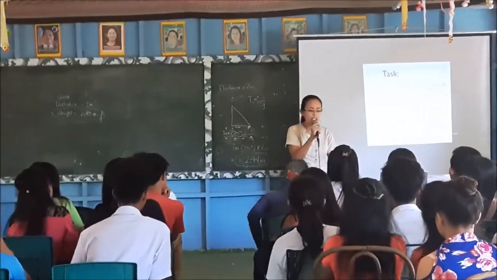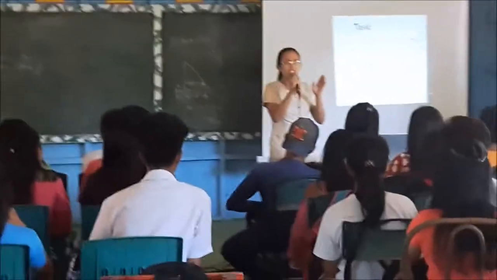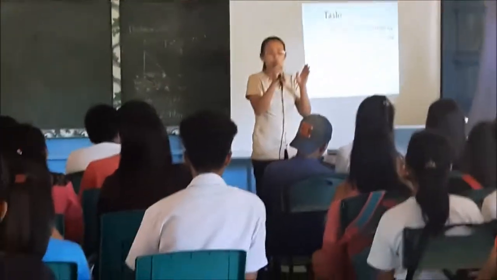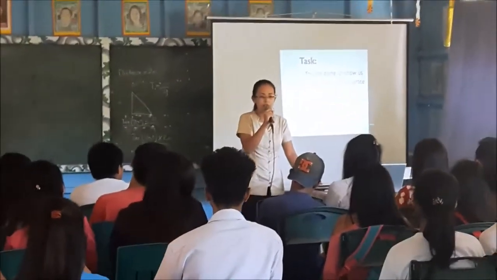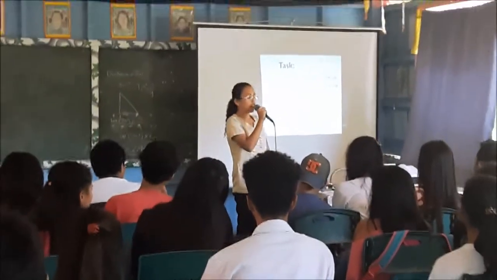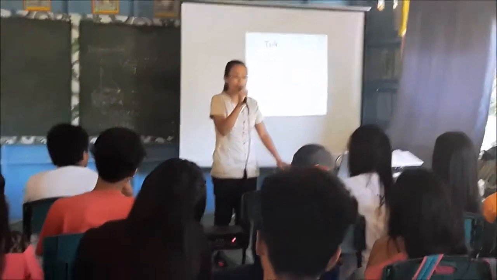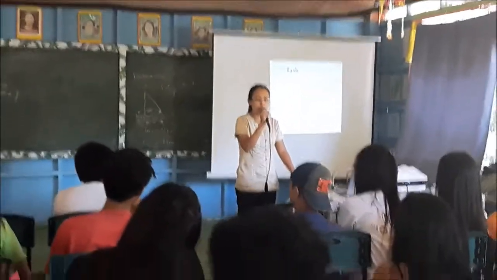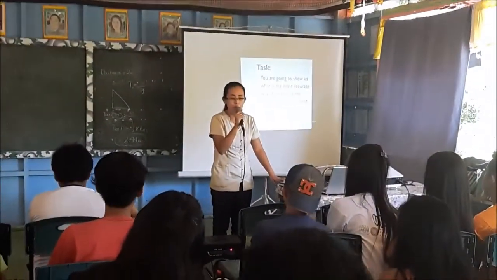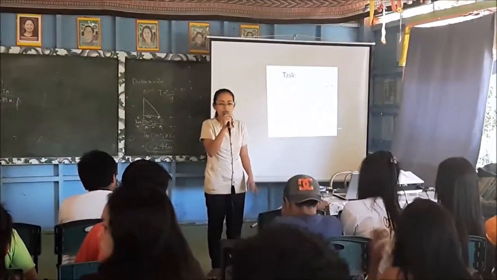Let's say, for example, the height of the table or the height of the door, or any objects that is possible to measure using the instrument without risking your life. For example, if you intend to measure the height of a tree using the mathematical device or the instrument, are you going to climb to the top of the tree to get the height? No. So exactly. So dyan papasok, or on the other hand, you can use the angle measurement.